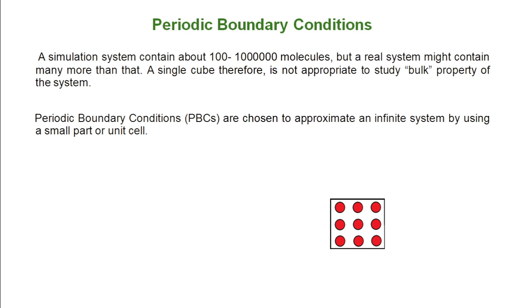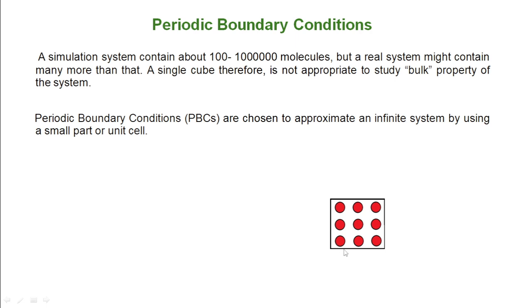Okay, so when we are simulating a system, a simulation system contains about 100 to 1 million molecules. Okay, but a real system might contain many more than that. More molecules are present in a real system, but during molecular dynamics simulation, we simulate a very limited number of molecules.